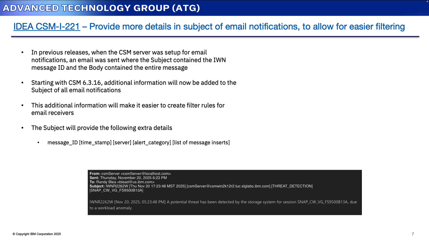So if the message contained a certain session name, etc., you'd be able to pull that out of the subject. This just allows for greater filterability, so you can, in your email server, set up rules to send it one place or store it one place, and do different actions based off of what's in the subject. So hopefully this helps.